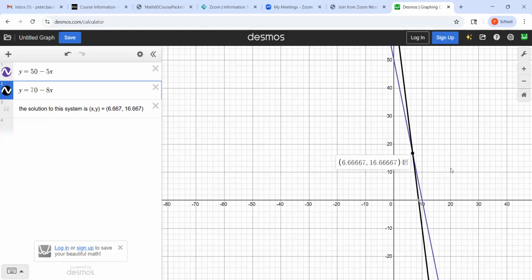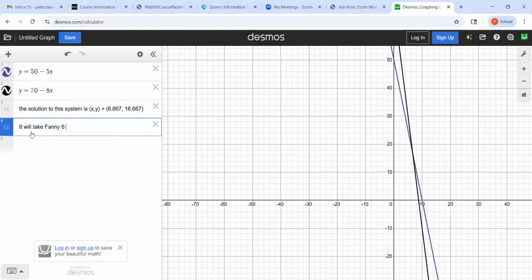Yep, more or less. I rounded it, but we're talking distance. And at a certain point, it doesn't matter if you're a tiny fraction of a yard. So to put it back in context, I would say it will take Fanny 6 seconds to catch Joe, and Fanny will catch Joe on the 16 yard line, right?